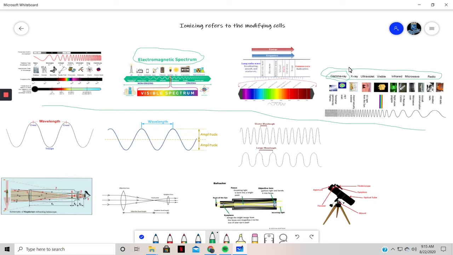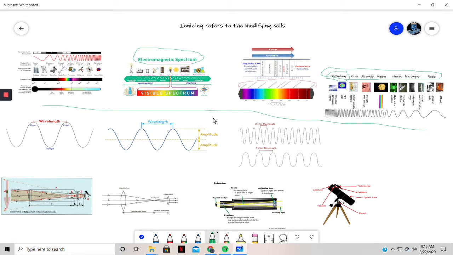Now, this energy packet arrives at Earth, and these different types are different because of their wavelengths. So let's talk about wavelengths, and we're going to do so.